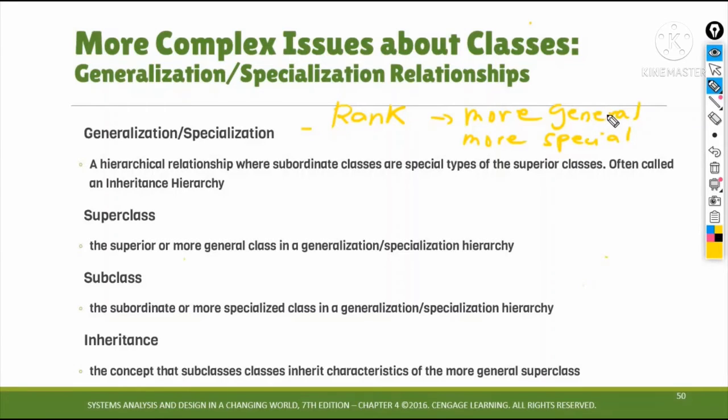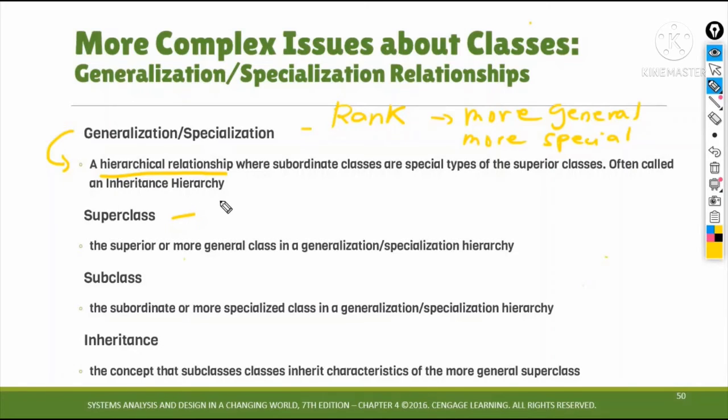As discussed previously, classification refers to defining classes of things. So each class of things in the hierarchy might have a more general class above it called a superclass. Okay, so let me define generalization specialization relationship. So it is a hierarchical relationship where subordinate classes are special types of the superior types, often called an inheritance hierarchy.